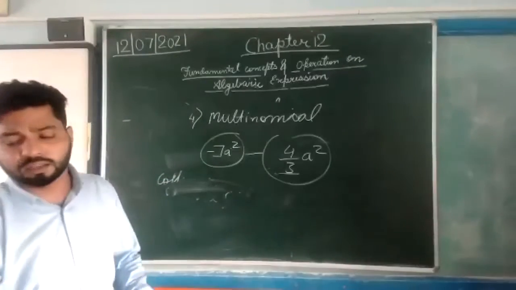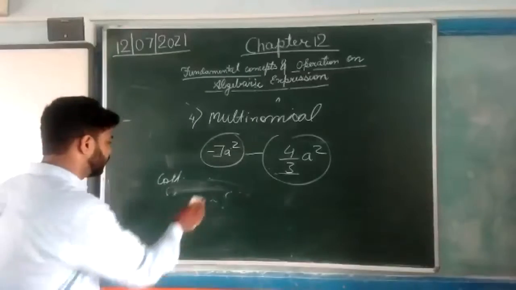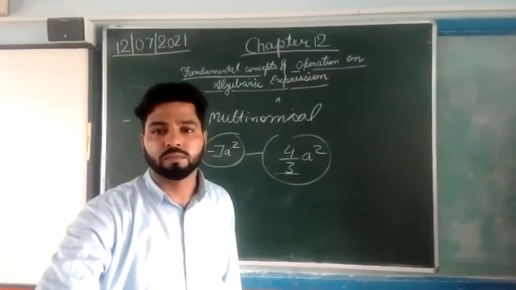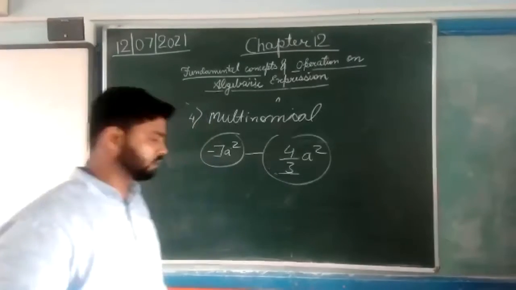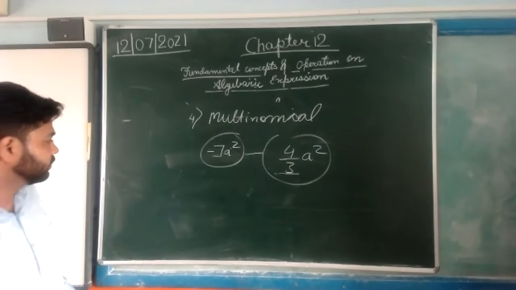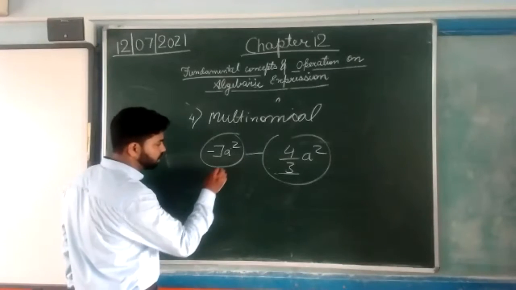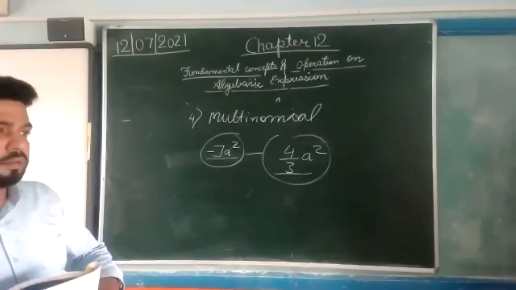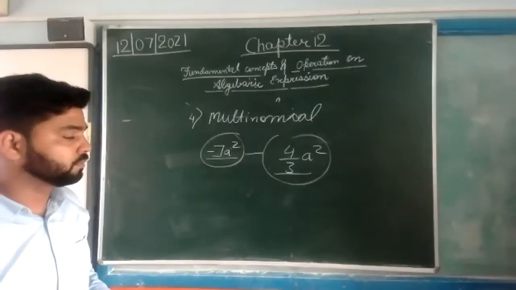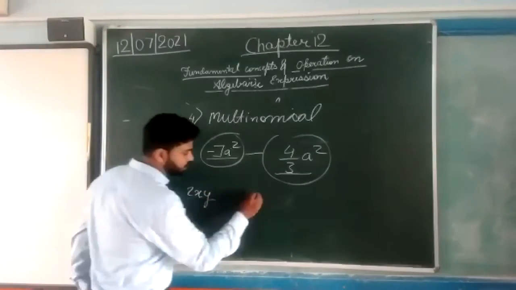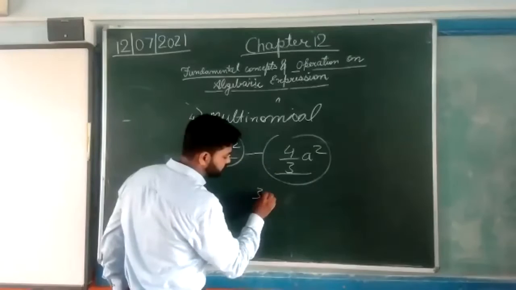Can anyone give me another example of like term? Devansh, tell me an example of like term. Sir, 2a square and 3a square. Any other? 2xy and 3xy.